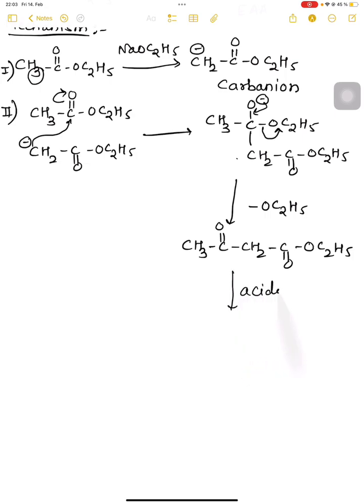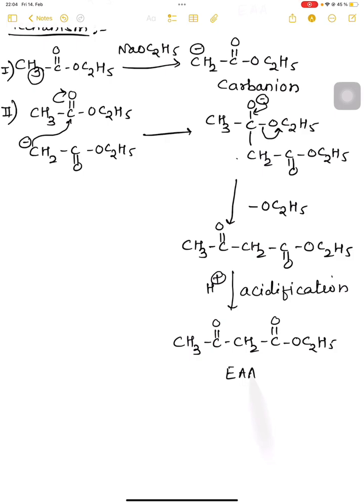After acidification, in the presence of H plus, we will get CH3 C double bond O CH2 C double bond O OC2H5. So this is ethyl acetoacetate.